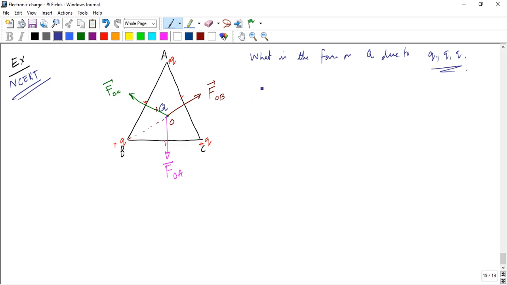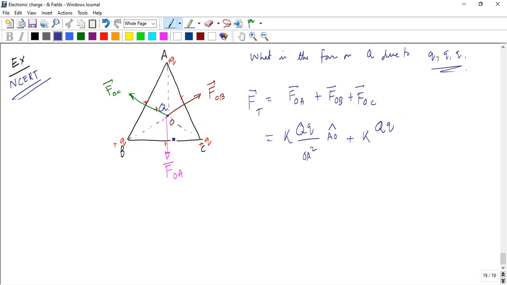So very easy. Finally, add them all. The total is equal to F of OA plus F of OB plus F of OC, just the superposition theorem. F of OA means K times capital Q times small q by OA square, in the AO unit vector direction. F of OB is K times capital Q times small q by OB square, and the direction is the BO unit vector.